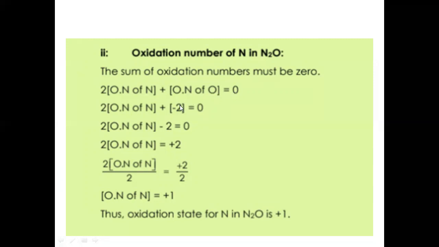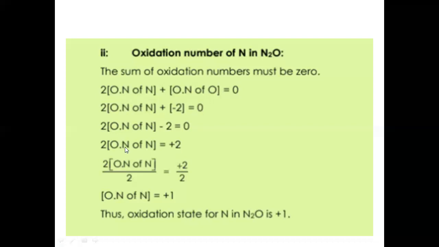One oxygen is -2, and if we shift this -2 to the other side of the equality sign, it becomes +2.